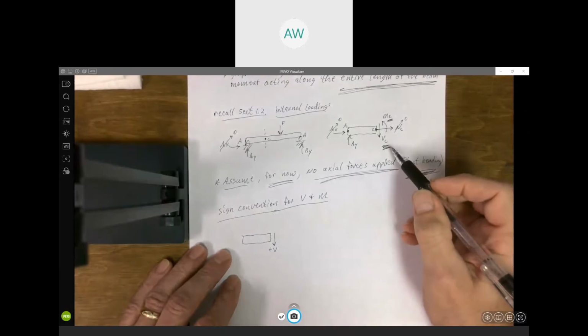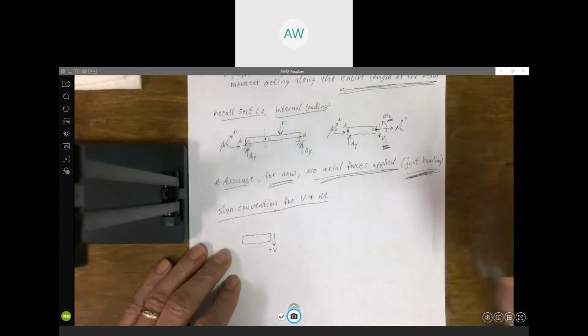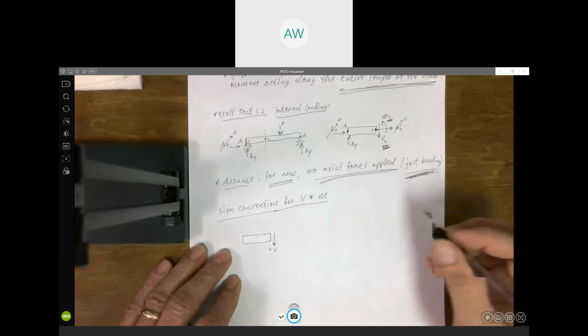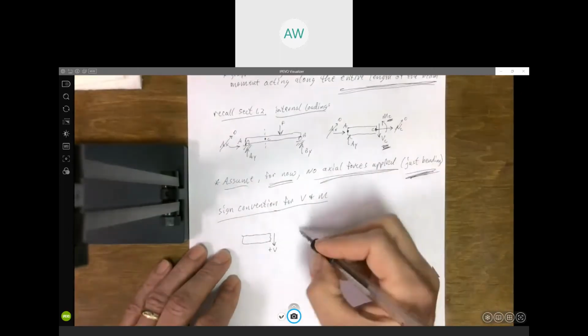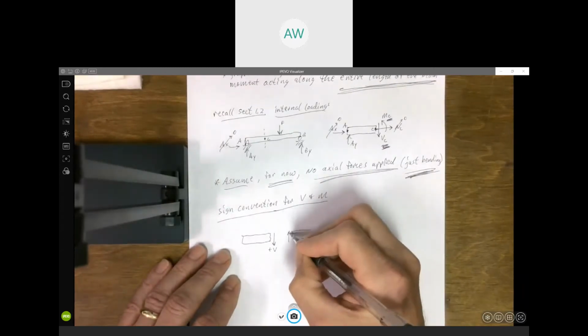I probably mentioned this back in chapter 1, that the reason I was assuming these directions was we were going to define those as being positive later. If you look at the free body diagram on the right here, if V goes down there, it goes up here.